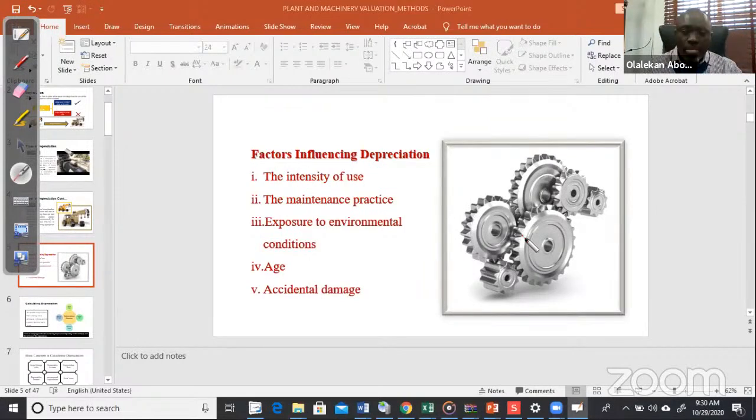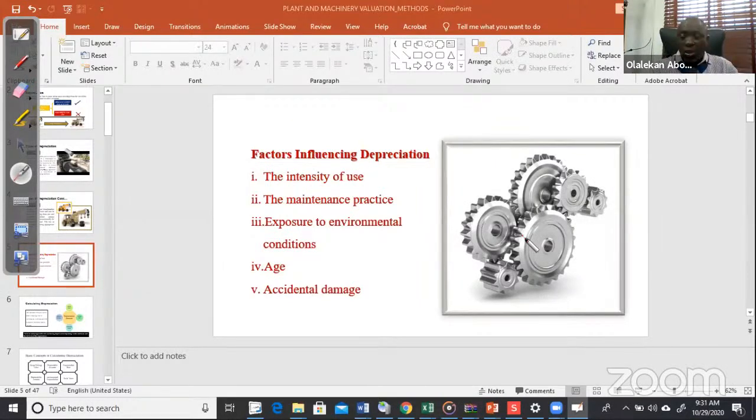Right? So now we have exposure to environmental conditions, depending on the type of exposure and the type of weather. There are assets that are not supposed to be exposed. So where such an asset is exposed, it will deteriorate rapidly. Let me give you an example in terms of weather condition, particularly in Lagos.